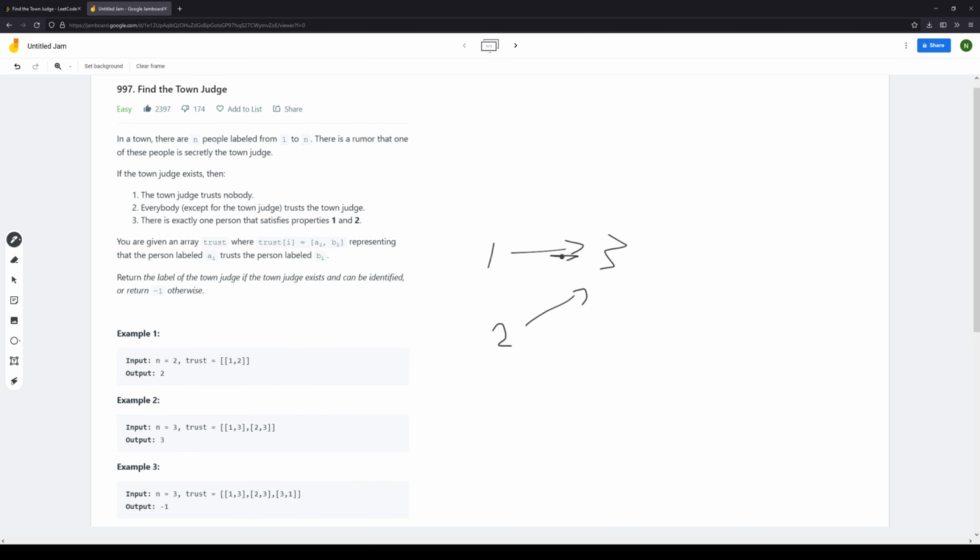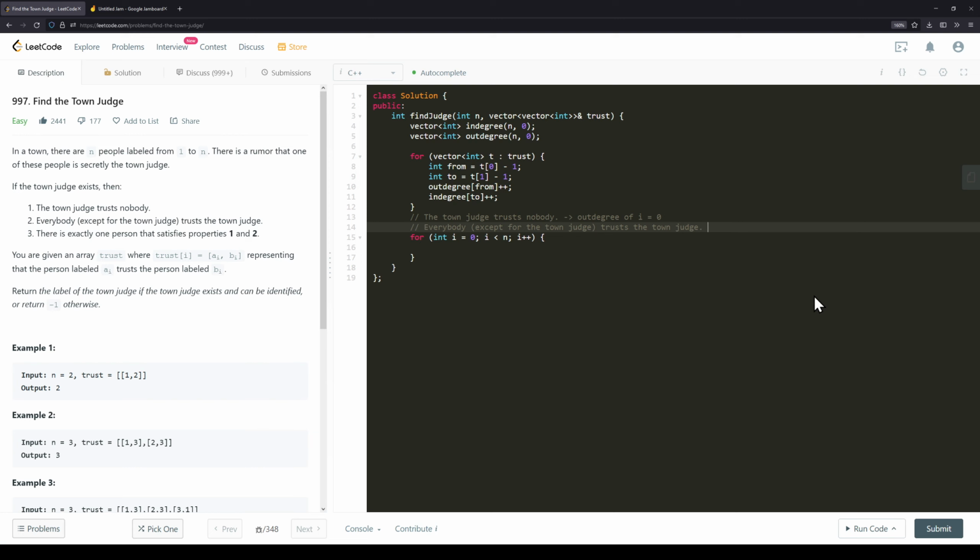Because you have n persons, and everyone trusts the judge except for the judge itself, so n minus 1. So if out degree of i is equal to 0, and in degree is n minus 1, then that means we satisfied the conditions for the judge, and that means person i is the judge.